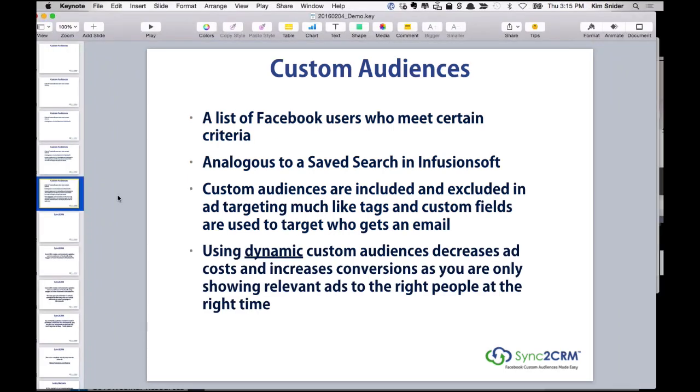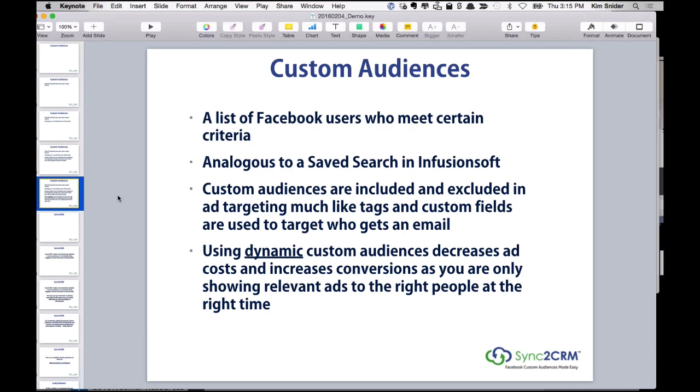So when I think custom audience, right, think tags or tag groups. And by making those custom audiences dynamic, meaning that they stay updated, they change as the criteria for those custom audiences changes for the various contacts, and then that's reflected in the custom audiences. So if you no longer meet the criteria, you're no longer in the custom audience.